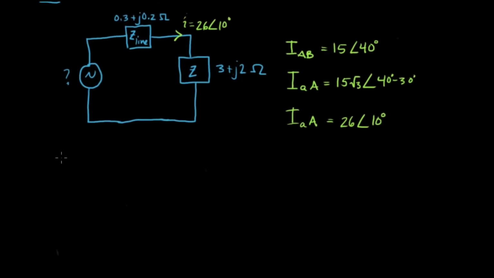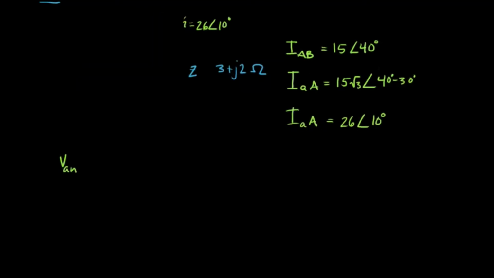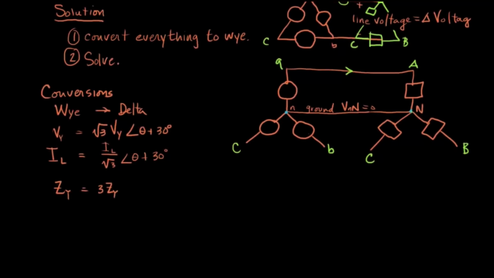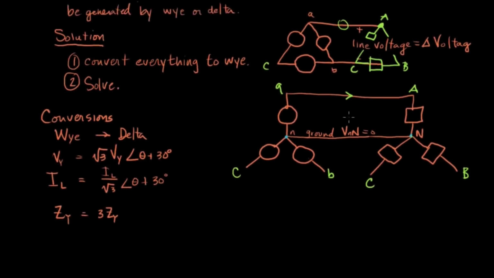So we want to know what V is, and this is what? This is VAN, right? Because we're dealing with a Y network. One more time, I'll go back to the picture. Okay, we converted our circuit to this circuit. So we have Y over here, we have Y over here.